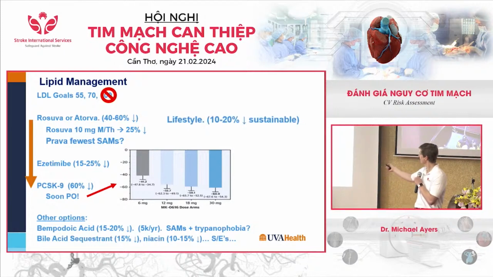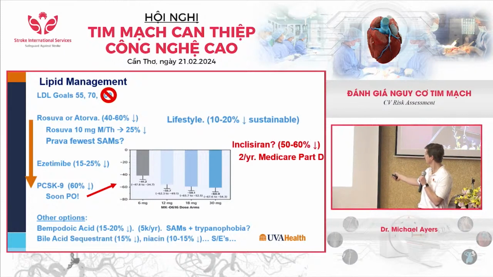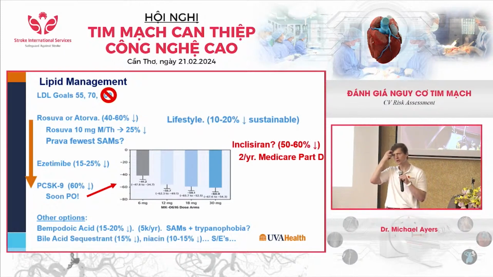An important thing that's forgotten, again, is lifestyle, can be another 20%. And we have a very exciting drug in America that's now available in multiple countries called inclisiran, that's in the PCSK9 pathway, but it's a twice-a-year injection. And so you can imagine, you come to the doctor's office, you get your flu shot, you get your COVID shot, you get your cholesterol shot, you head on your way.